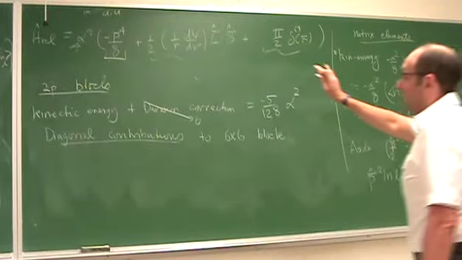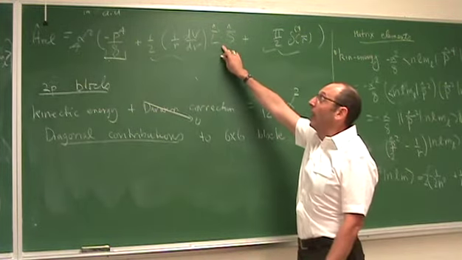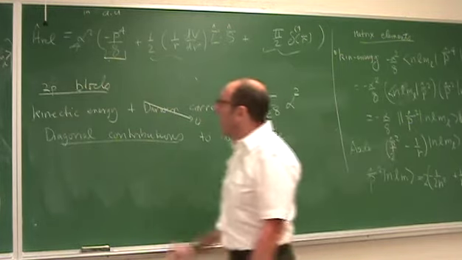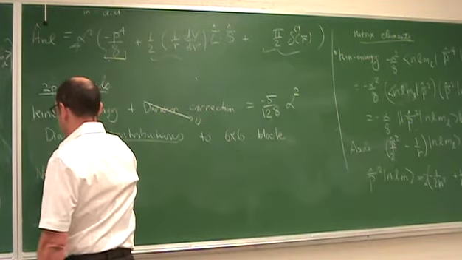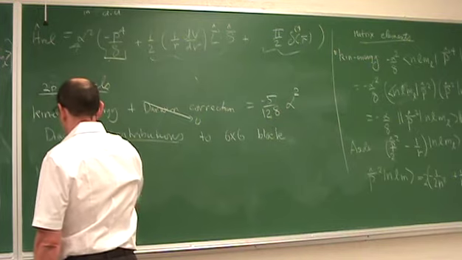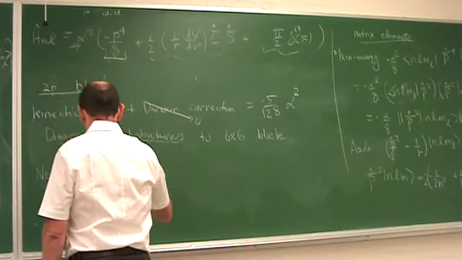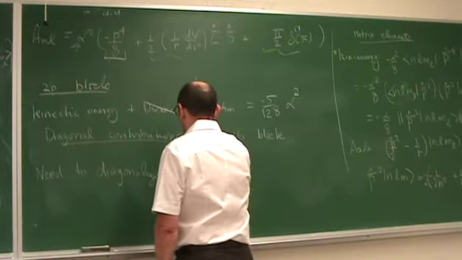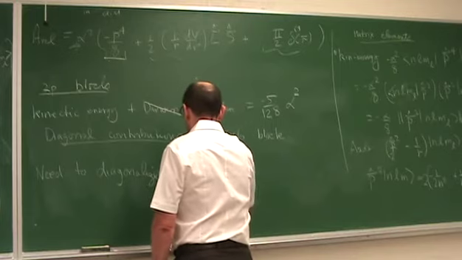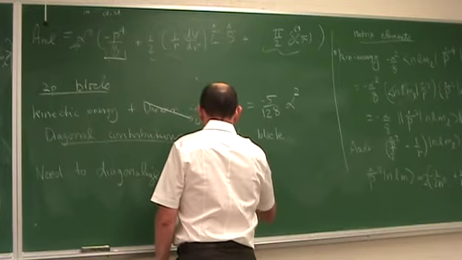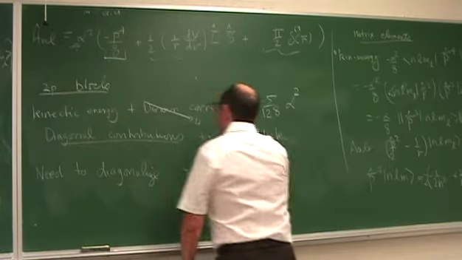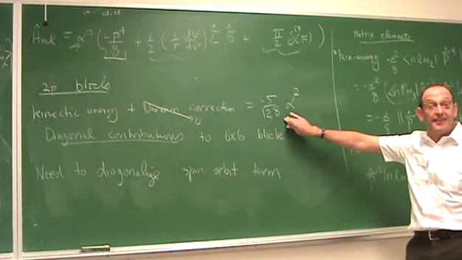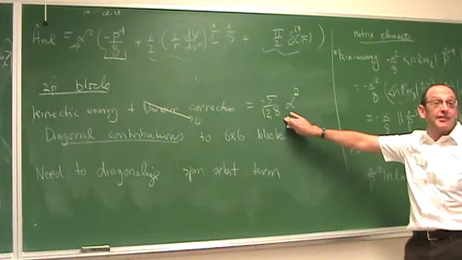Now we must consider the spin orbit coupling, because now L is not zero, so we have to think about that. So now we need to diagonalize the spin orbit term. This correction is the same for every one of those 6 states in the 6 by 6 block.